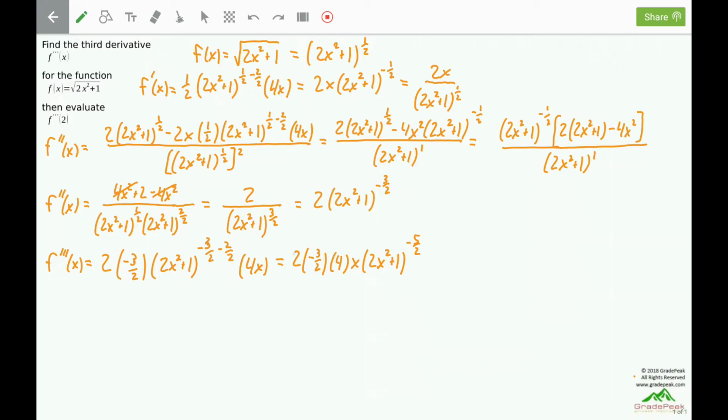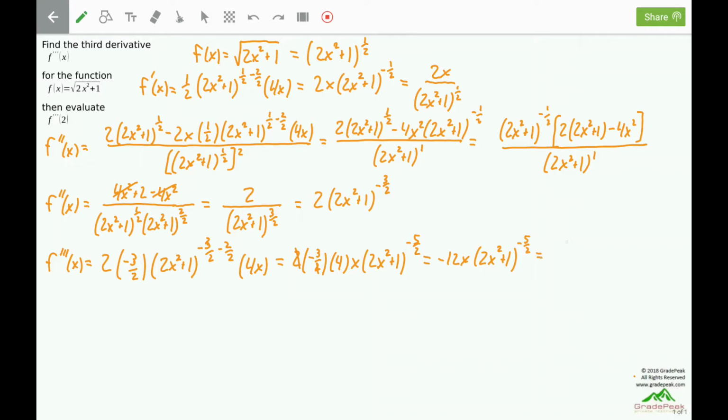Now in multiplying the constants, the 2 in the numerator and the denominator can cancel each other, so I really just have a negative 3 times a 4, which is a negative 12x. And then I have that (2x squared plus 1) to the negative 5/2.